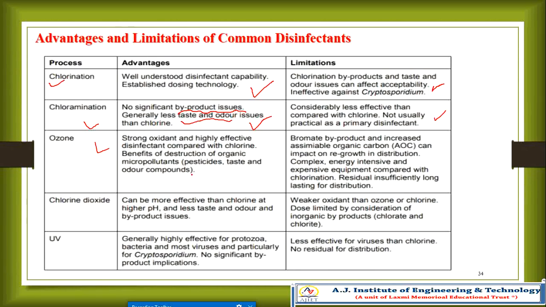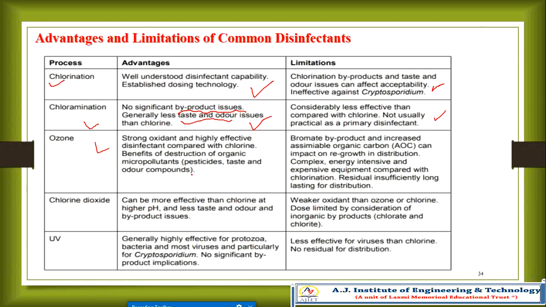But one of the major limitations of ozone is bromate byproduct and increased assimilable organic carbon, AOC, which can impact regrowth in distribution. It also needs complex, expensive equipment compared with chlorination, and has no long-lasting residual in distribution.